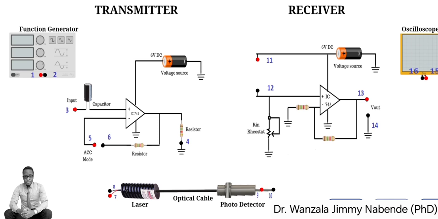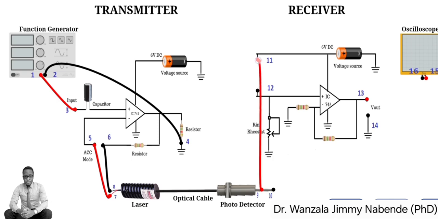When we connect the simulation, we connect the function generator to the transmitter system, which is then connected to the optical cable system, and then later to the receiving system, and finally to the output to display the graph.